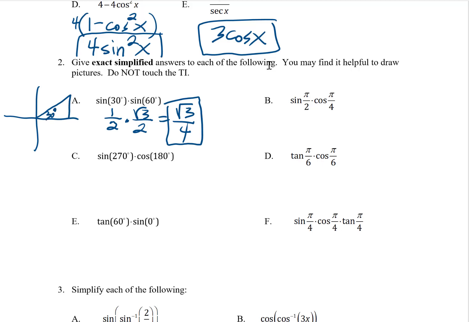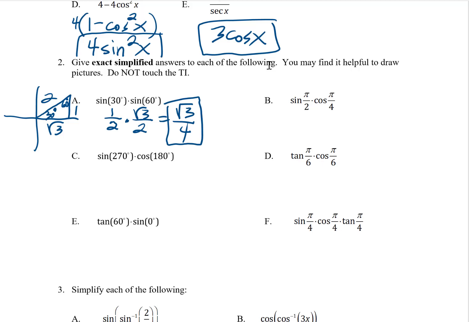It'd be the 30, 60, 90 triangle with the 1, the root 3, and the 2. Actually, from this picture, you could get both of these values. I can see sine 30 as 1/2, opposite over hypotenuse. And since this is a 60, if I did opposite root 3 from the 60 over hypotenuse 2, I get root 3 over 2. Final answer, root 3 over 4.